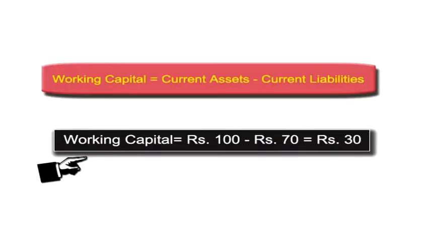So, the working capital will come out to be current assets minus current liabilities. So, 100 minus 70, so the working capital will work out to be 30. So, this is a formula by which we can assess the net working capital of an organization.